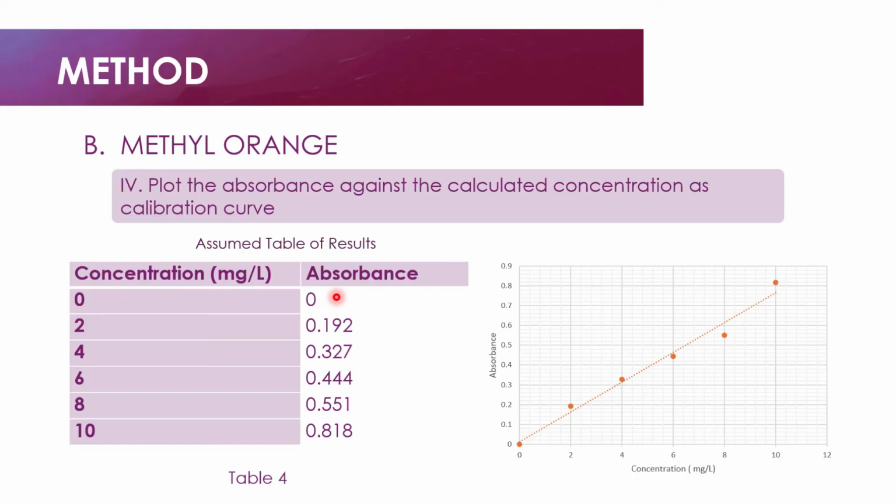One key thing that we can also see here is that the absorbance value for the first test tube is 0 because we used the first test tube as a blank against the rest of the test tubes. If you want to plot the calibration curve, we plot the absorbance values on the y-axis against the concentration values on the x-axis as shown here.